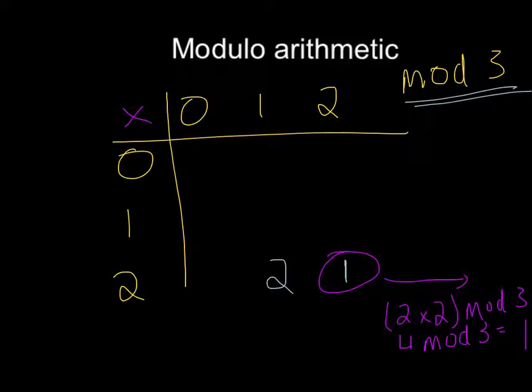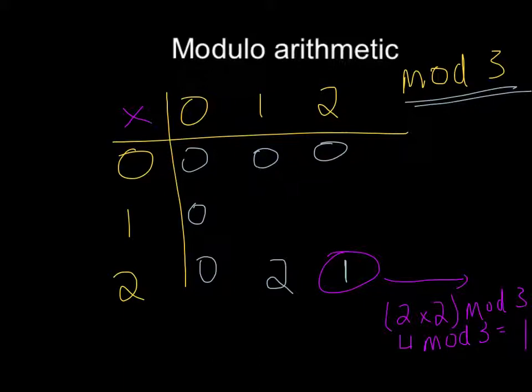Working our way down the first column, 0 times 0 gives you 0. 0 mod 3, well there's no remainder, so it's 0. 1 times 0 gives you 0. 0 mod 3 again gives you 0. 2 times 0 gives you 0. 0 mod 3 gives you 0. So the top row and the first column are going to be 0.